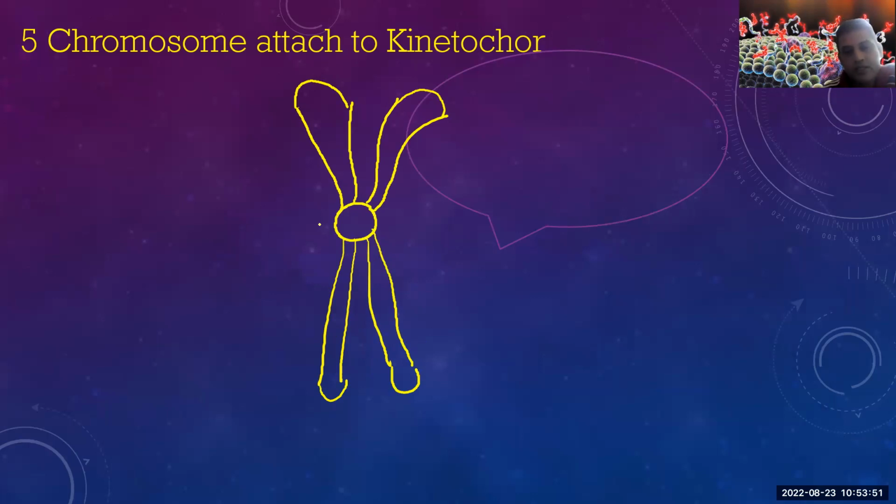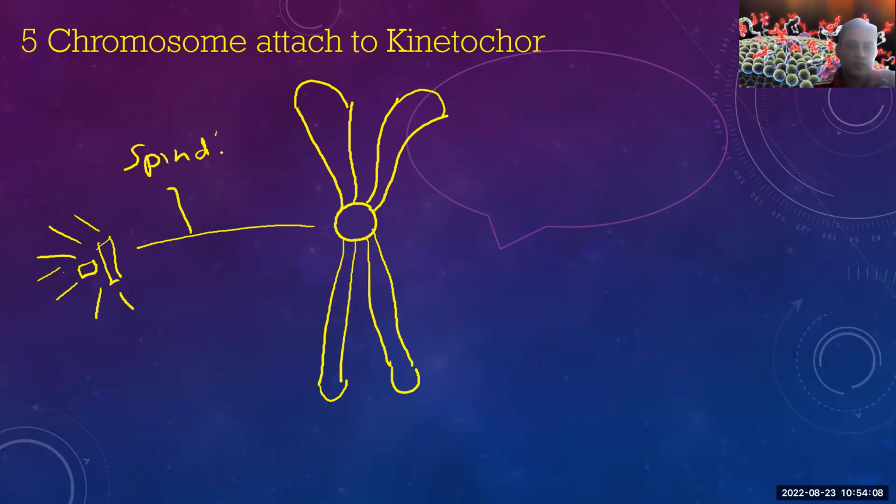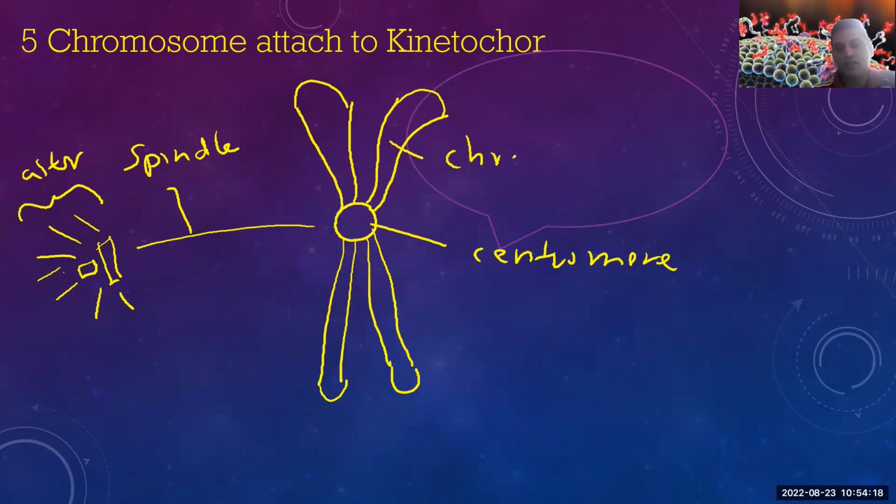Now here is the spindle at the centrosome, and these are the aster. That's a spindle, and this is the aster, and this one is a centromere. This is a chromatid. Two chromatids, sister chromatids, right?